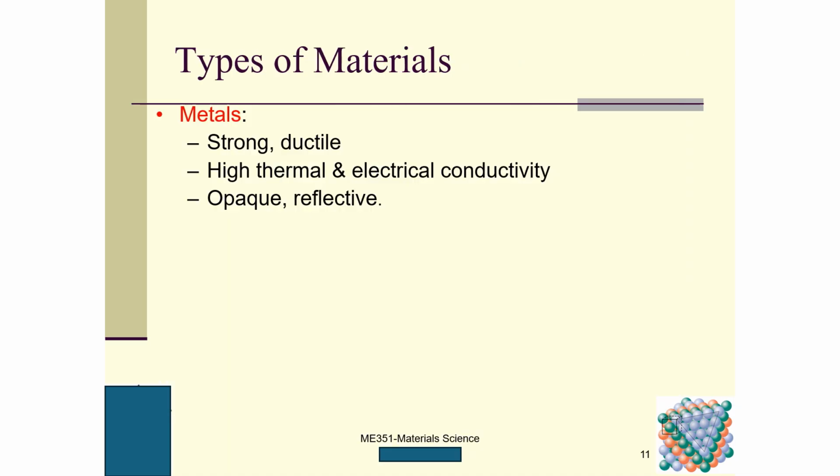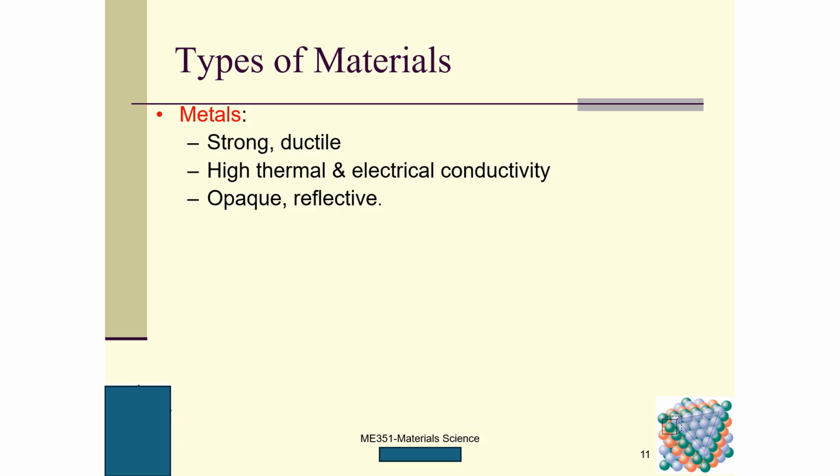The types of materials. First we talk about metals. Metals are very strong and ductile, and we know that if you have taken a mechanics or solids lab, you will know the difference between cast iron, steel, and aluminum, and how they are different from one another.